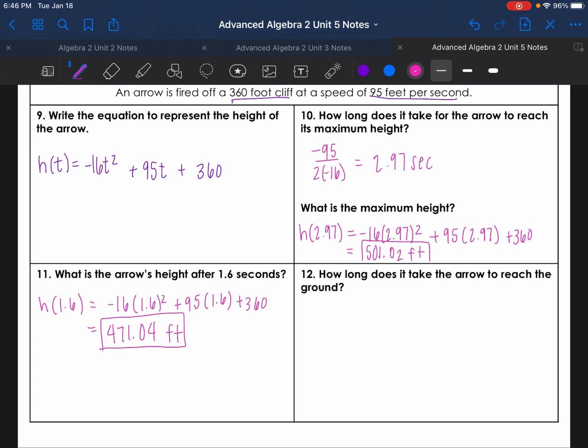How long does it take to reach the ground? So again, this is quadratic formula. Negative 95 plus or minus the square root of 95 squared minus 4 times my negative 16 times 360. And all of that is over 2 times negative 16.